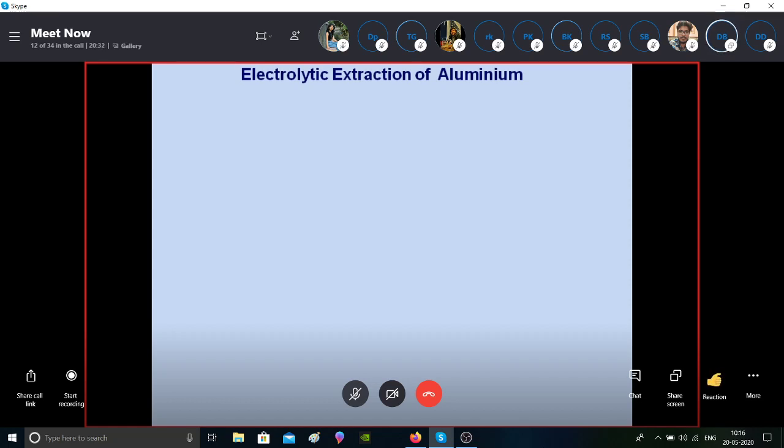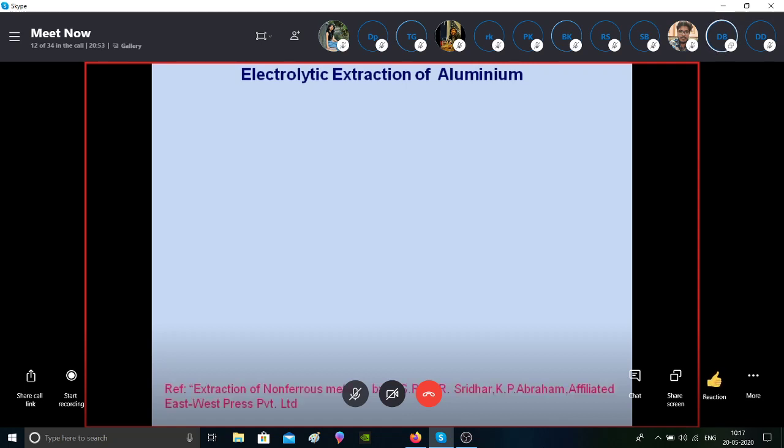The temperature is also not very low. It's a combination of all three which makes the entire extraction process very attractive for learning. So that is the reason for my taking up aluminium as my next candidate after copper.